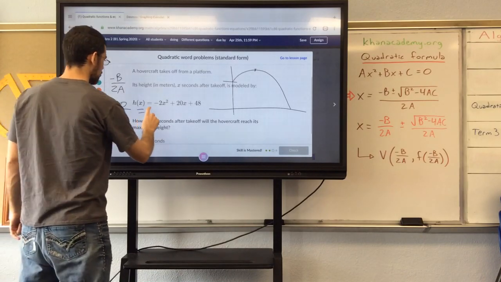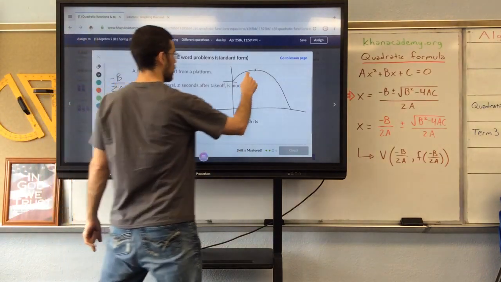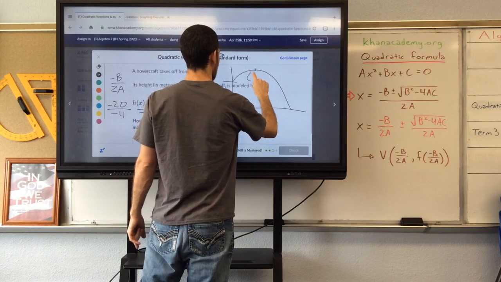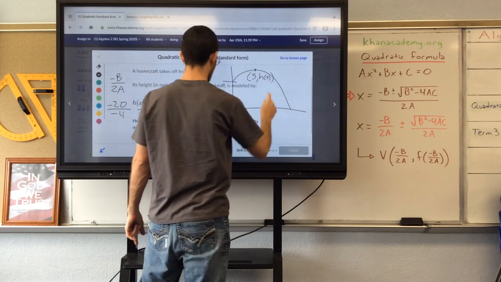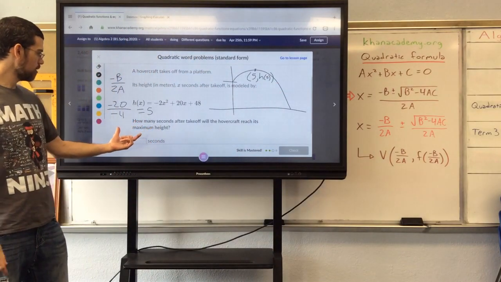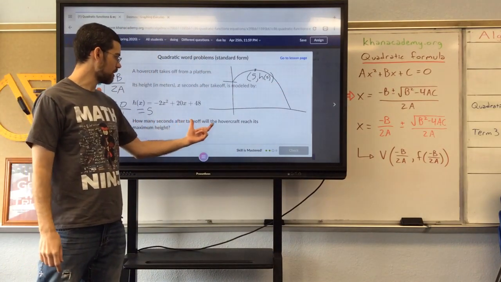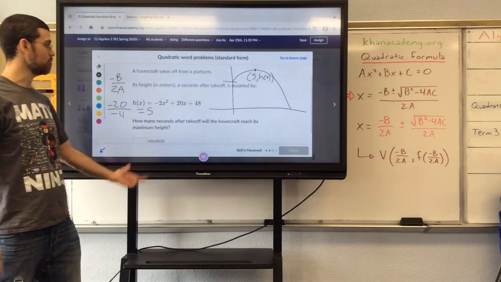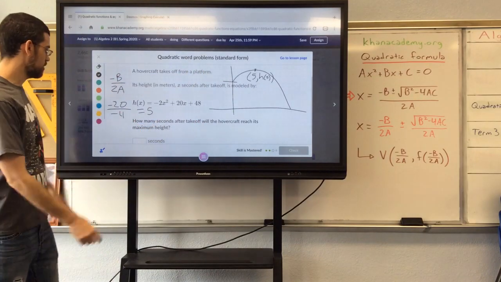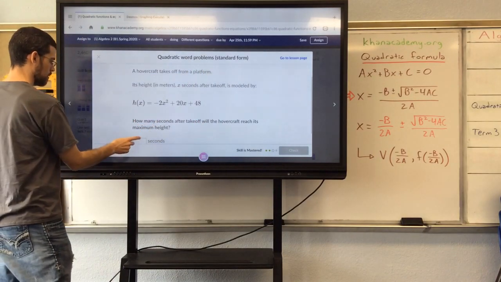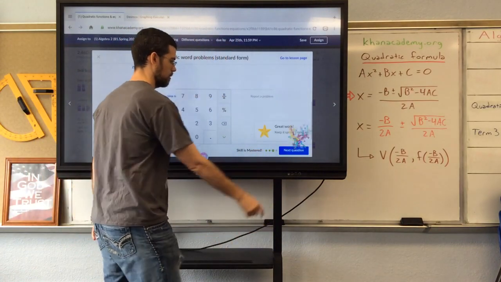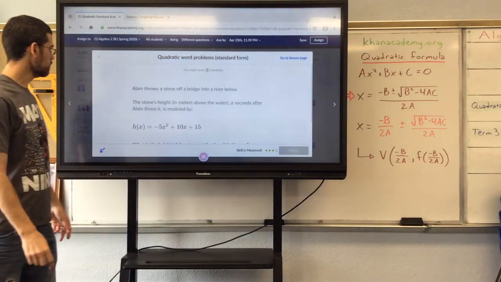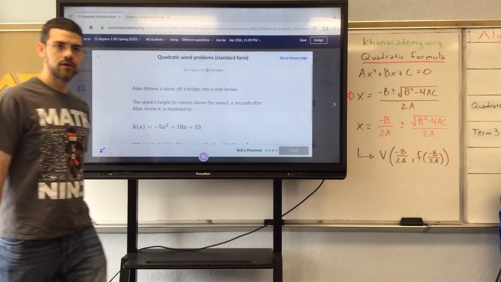That equals 5. So the vertex happens at 5, h of 5, but we don't really care how high it is off the ground. How many seconds after takeoff will the hovercraft reach its maximum height? We know now that it's 5 seconds. And we'll be done.